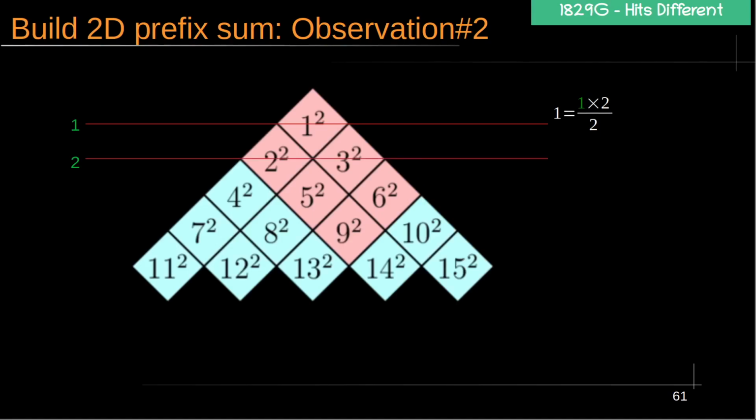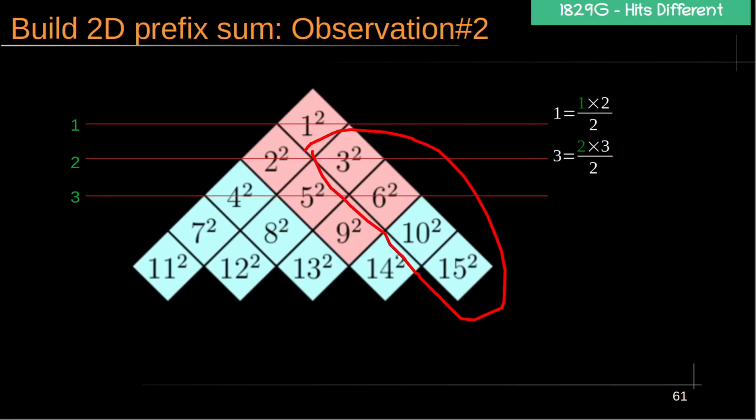For diagonal 2, we have 3, which is equal to 2 times 3 over 2.